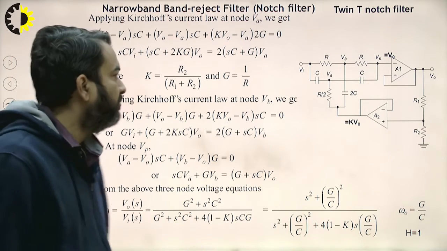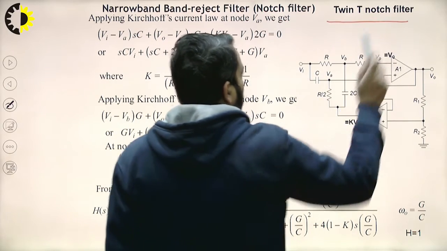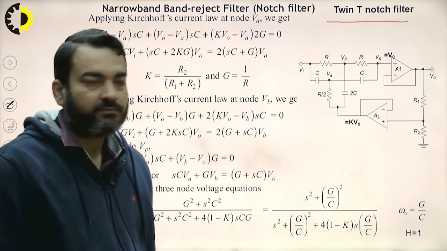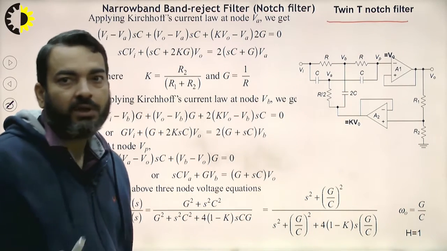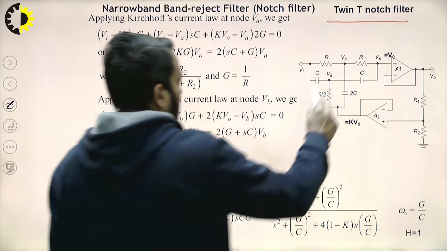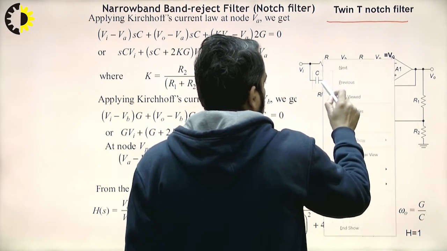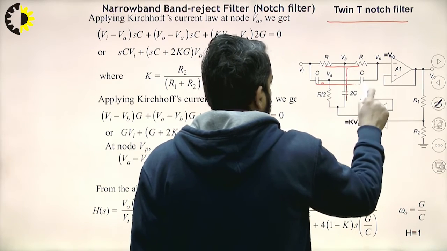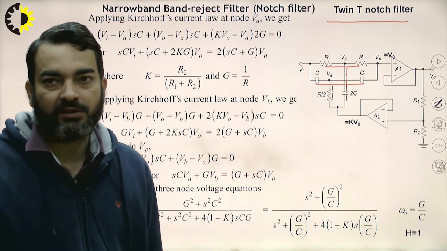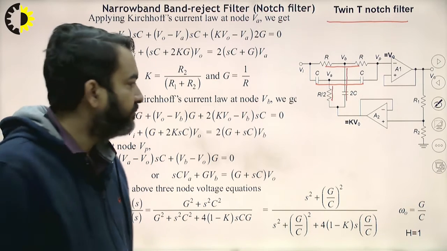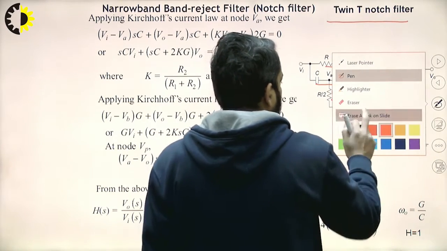So here we have used one very famous circuit which is called the twin T notch filter. Why is it called twin T notch filter? The reason is we have two T networks, one T network and the other T network, so that's why it is called twin T notch filter.